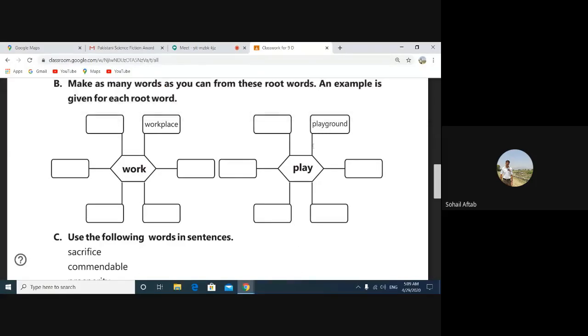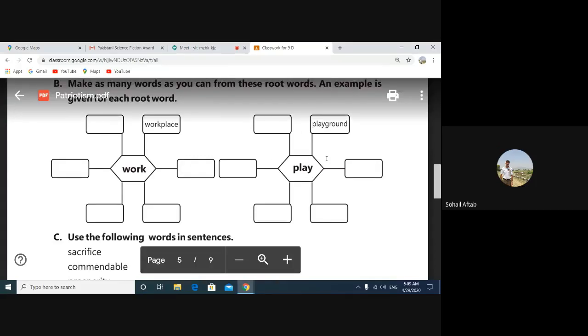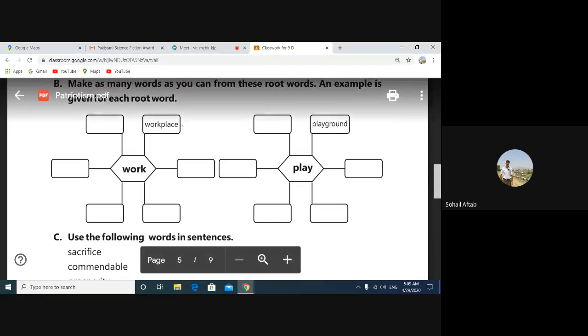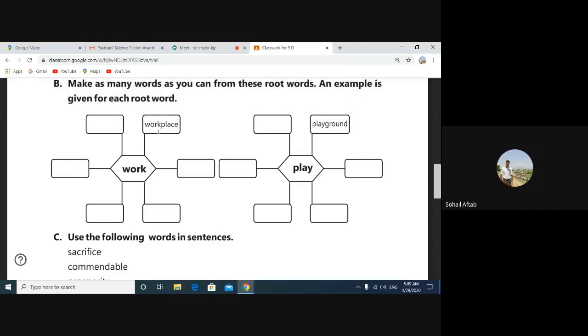And then you have play in the second diagram. In the first one, work, they have given you one example, workplace. And then you can write workable. Workable, a thing which can work, as a plan. And then you can add the ing form, working, which will be an adjective, working people.